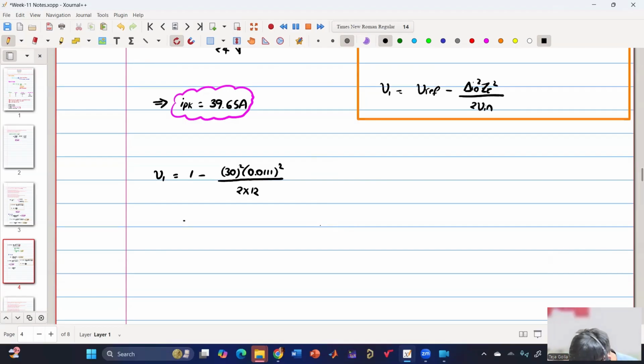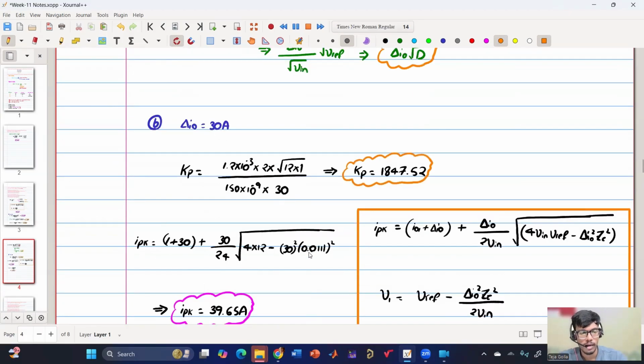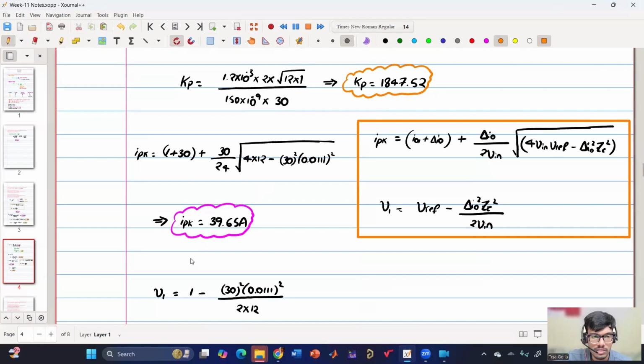So as you see, it is comparatively more because of the large tangent, and also the math says the same. So if we are increasing the load step transient, then our KP has gone down because it is inversely proportional to delta I naught, as well as peak current will of course increase because the load step itself is more.